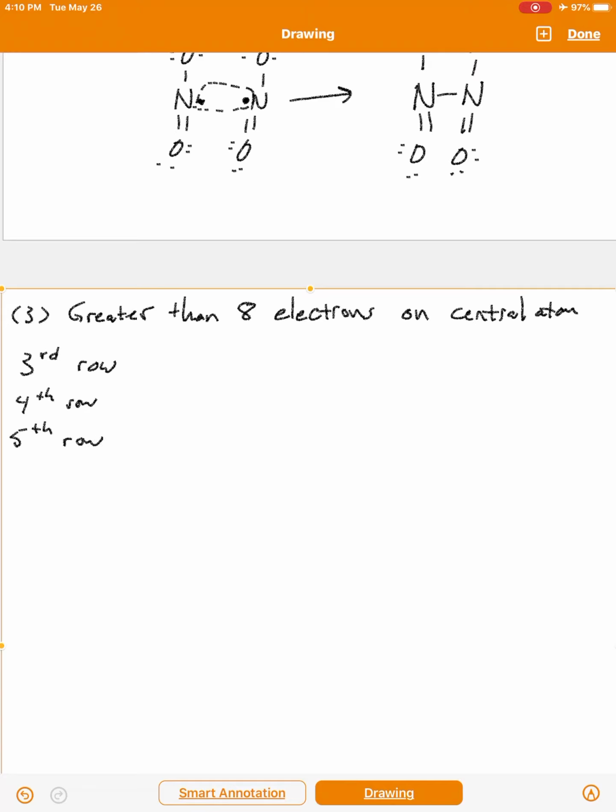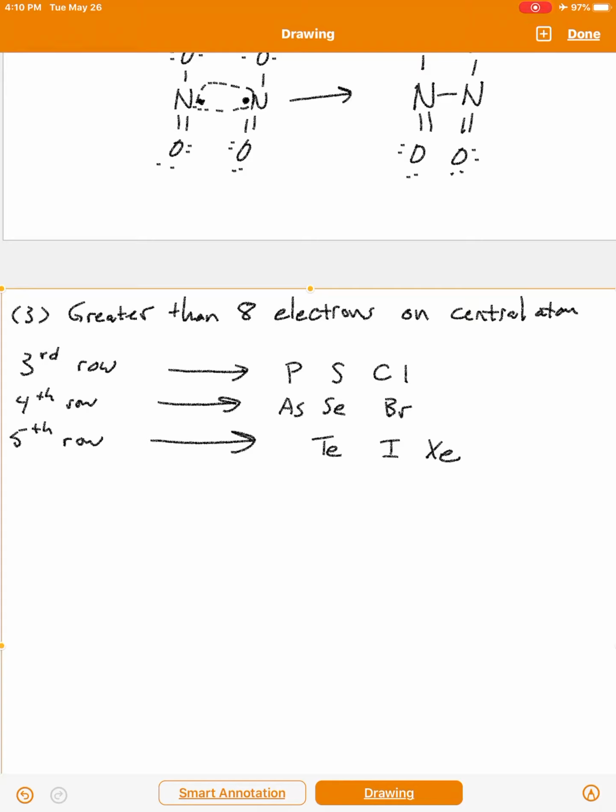So we're talking about elements like phosphorus, sulfur, chlorine, arsenic, selenium, bromine, tellurium, iodine, and even xenon. Okay, so third row, fourth row, fifth row of the periodic table.